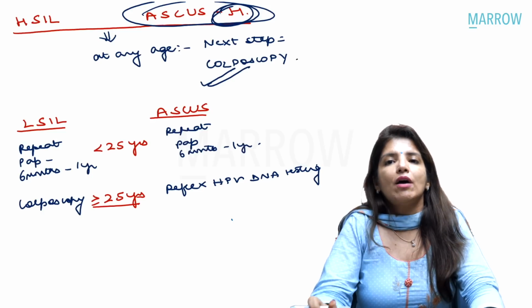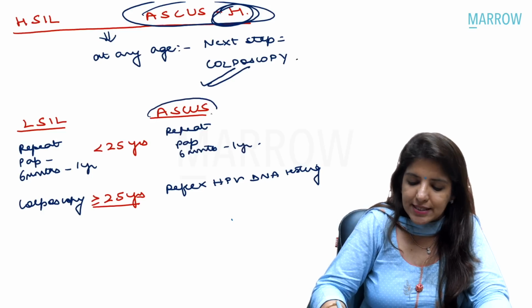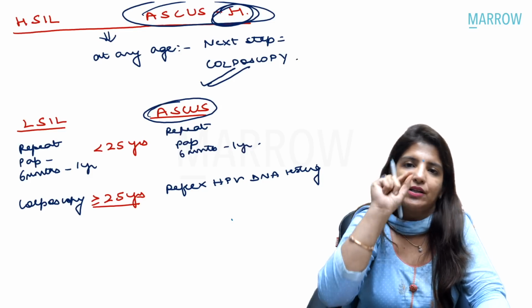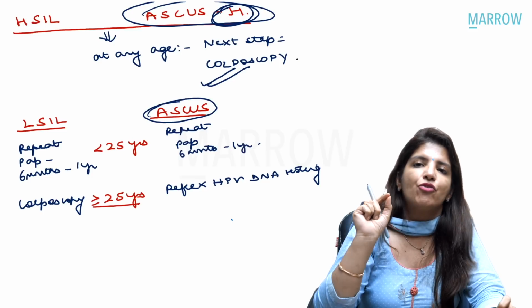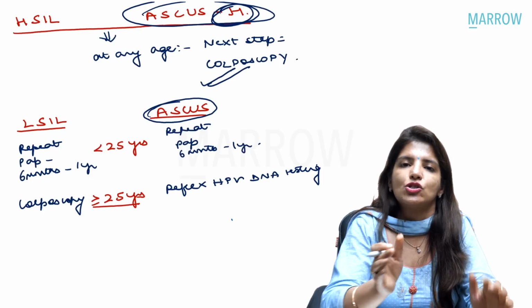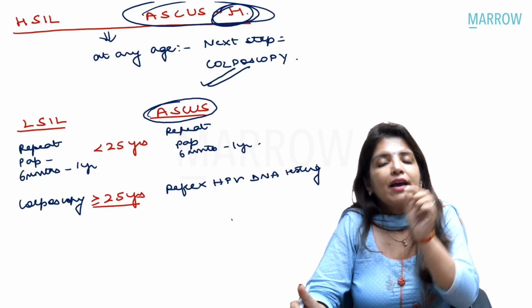Clear? Now suppose report comes as LSIL or report comes as atypical squamous cells of unknown significance without this letter H. In that case, if patient is less than 25 years, whether it is a case of LSIL or ASC-US, you are going to repeat pap smear after a period of 6 months to 1 year.